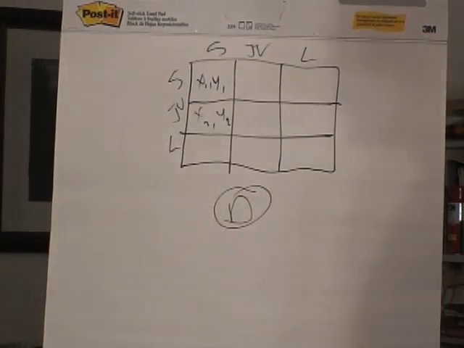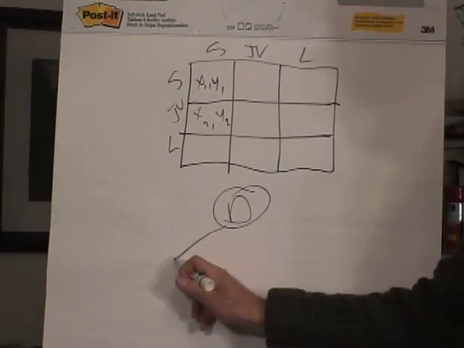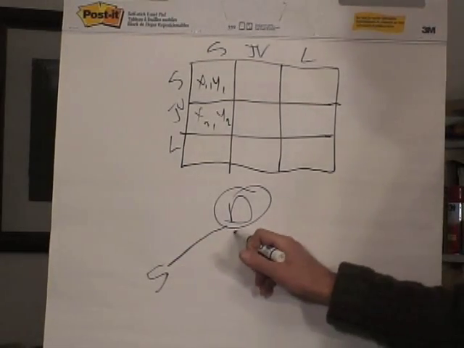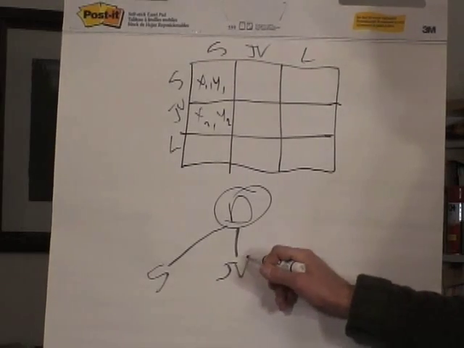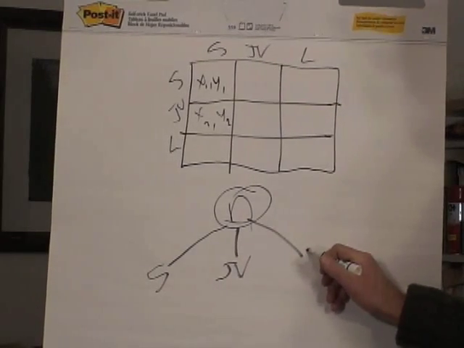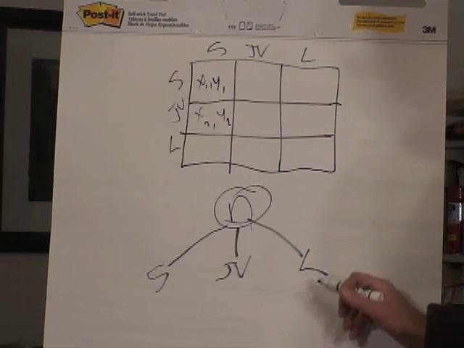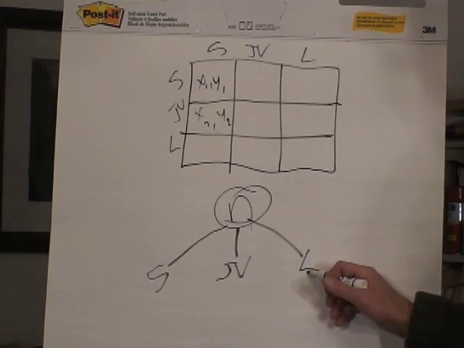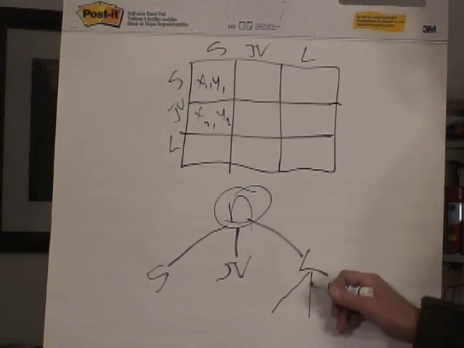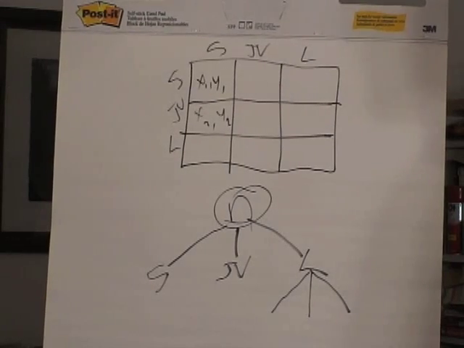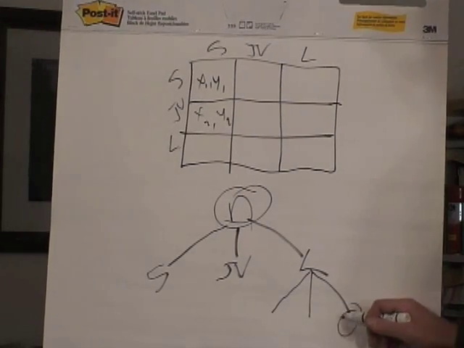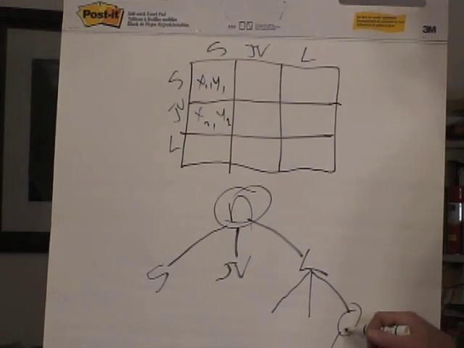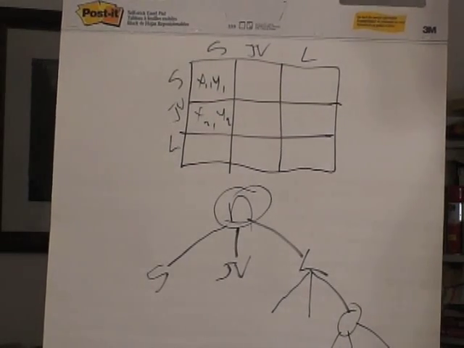Here's the deal. There's 3 options: a sale, a joint venture, a license. If I'm pursuing a license, there are 3 options here that have to do with what I may do, and under these, depending upon what I do, there's 3 options for the other guy to do something.